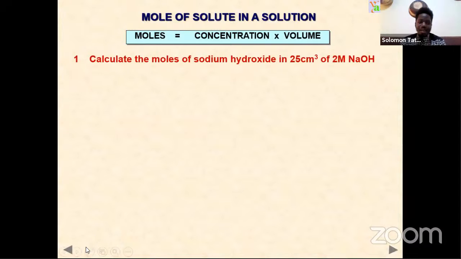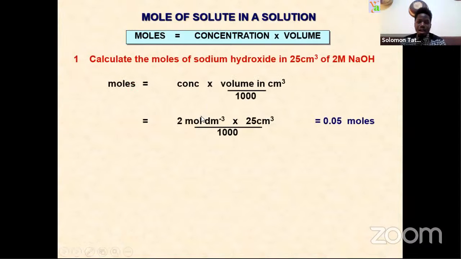So here we are going to just substitute in the formula that we have looked at. We're looking for moles, right? And we have seen that moles is equal to the concentration multiplied by the volume. Our volume is given in centimeters cubed, so it is incumbent on us to divide by 1,000 cubic centimeters.